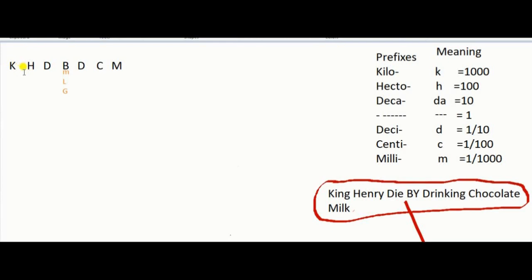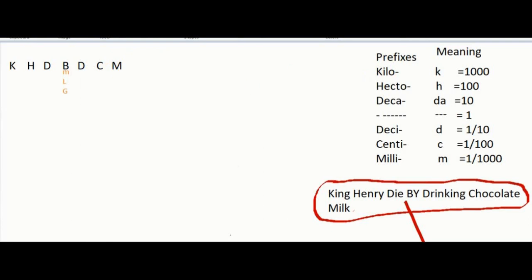In reality, we know that the K stands for kilo, H stands for hecto, D stands for deca, B stands for base, D stands for deci, C stands for centi, and M stands for milli. So if we are talking about meters, we can say millimeters, kilometers, centimeters, right?